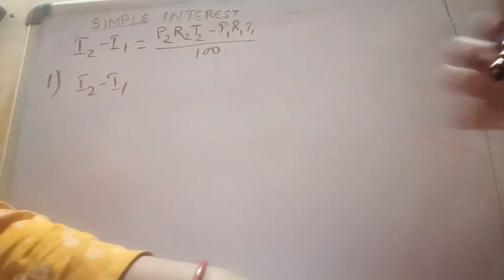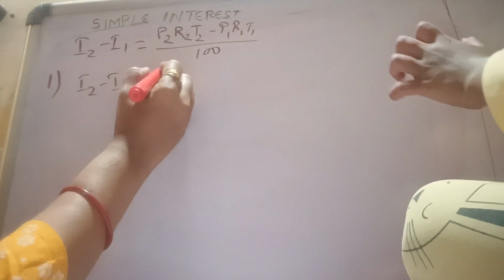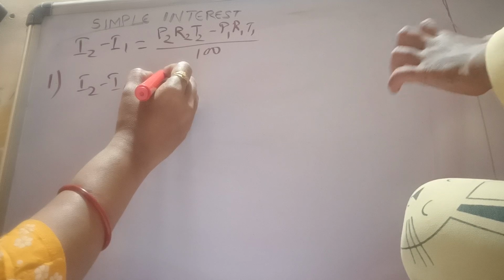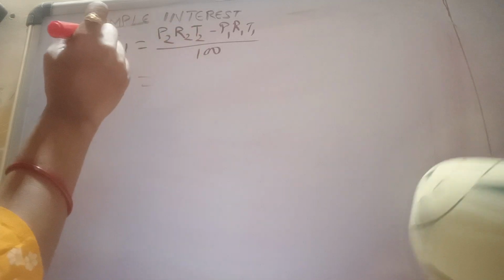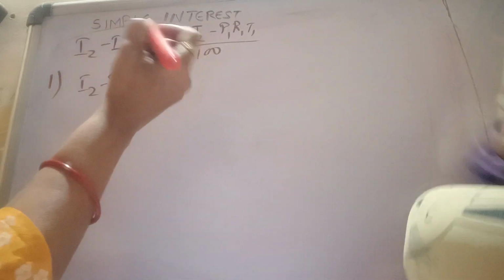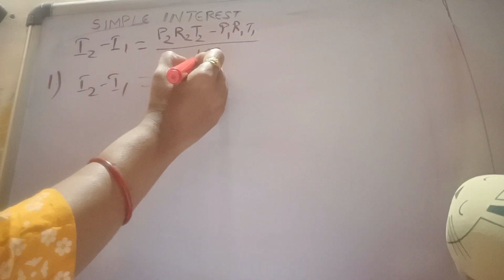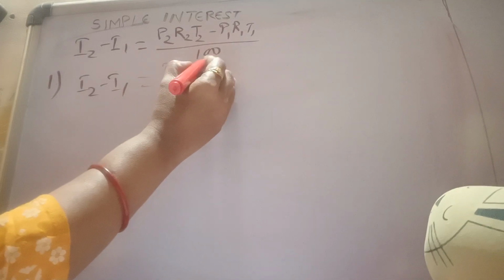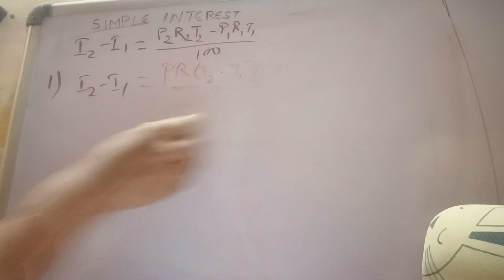Equals, if the parameters are constant, and only the time is variable, then I2 minus I1 equals PR whole into (T2 minus T1) divided by 100.